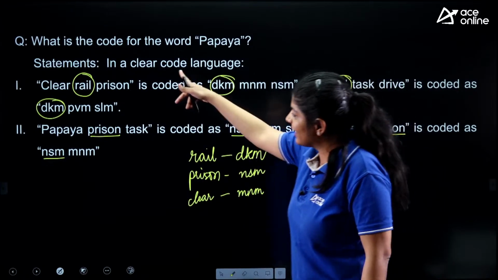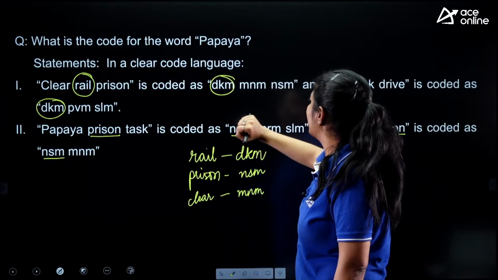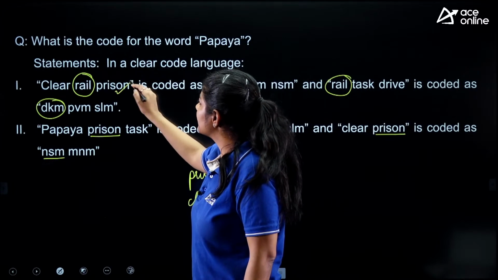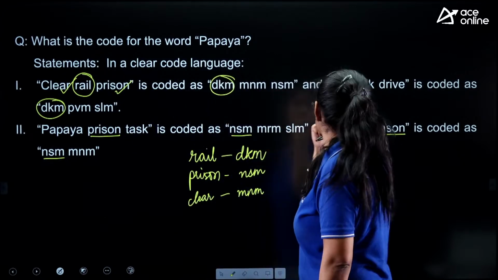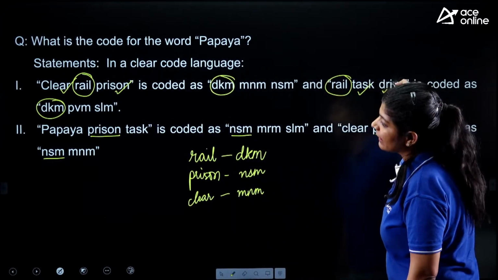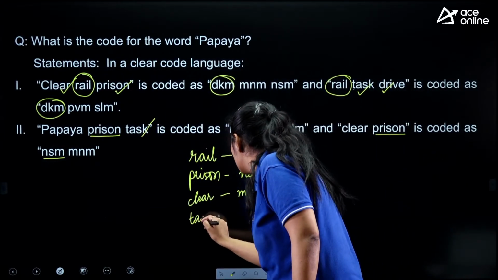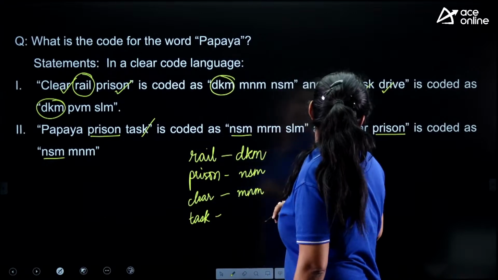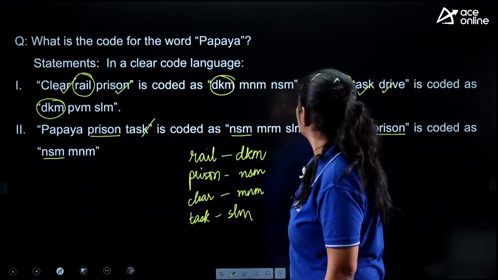Now, if we start comparing these two statements together, we can say that this word is covered. Now we can say that clear is also covered. Task and drive. So from this we can get the code for task as well. Task is equal to SLM, right?